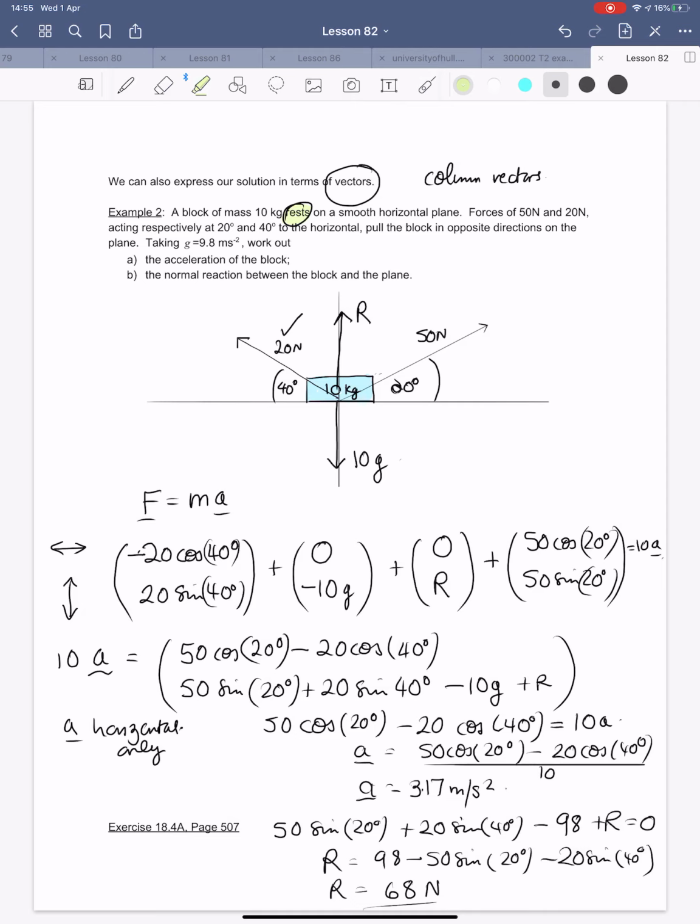What happens here is that the normal reaction and those components upwards add up to the 10g downwards. That's why the normal reaction is less than the 10g.